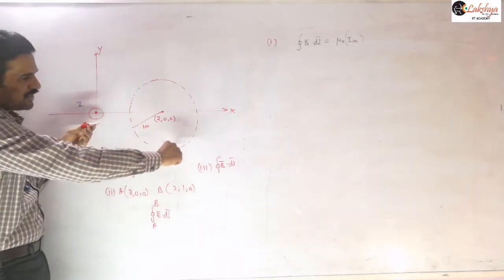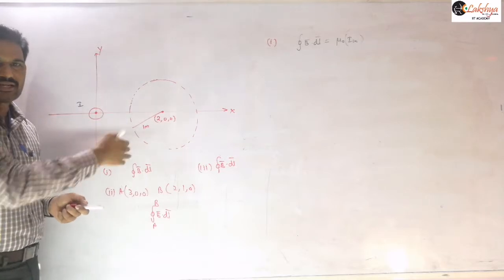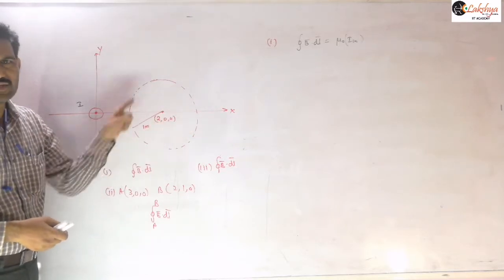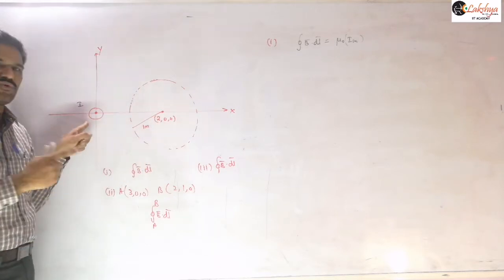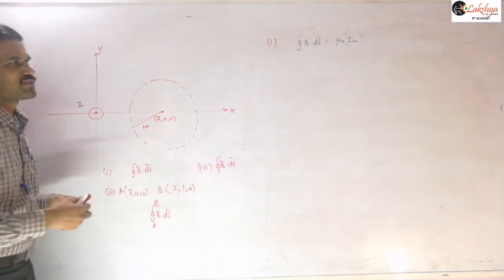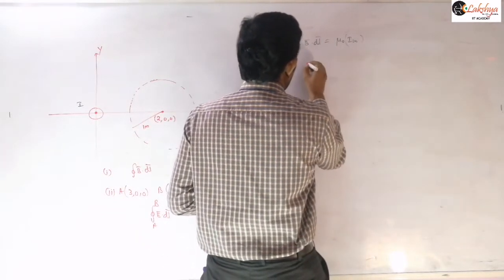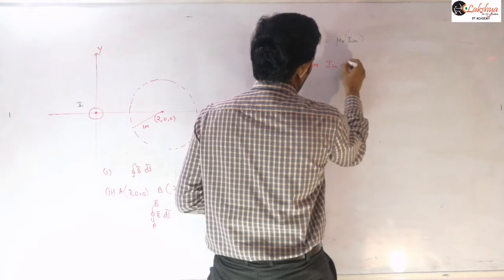If you are calculating B bar dot dl bar over this loop, is there any current enclosed by that loop? The current enclosed by this loop is 0. No current carrying conductor is present in this loop. Only one conductor is there, placed along the z axis. So here I enclosed is equal to 0.